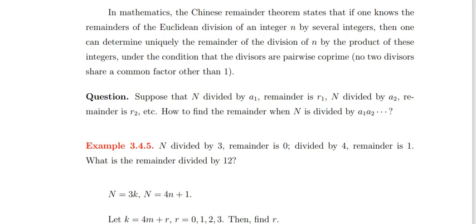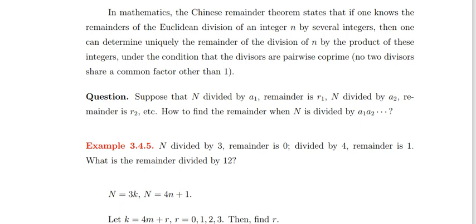So we want to find the remainder when n is divided by a big number, like a1 times a2 times a3. The theorem we don't need to remember, but we use this idea: if this number divided by a1 has remainder r1, we can write n as a1 times k plus r1, right? So this is the basic idea.